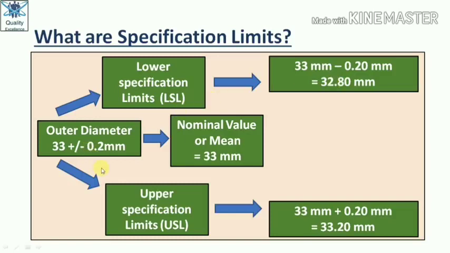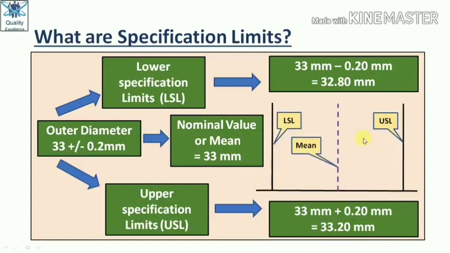In a similar manner, the upper specification limit will be 33 mm plus 0.2 mm, which is 33.2 mm. And this 33 will be considered as the nominal value or mean or target value.